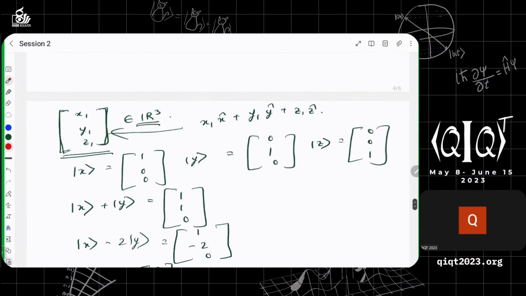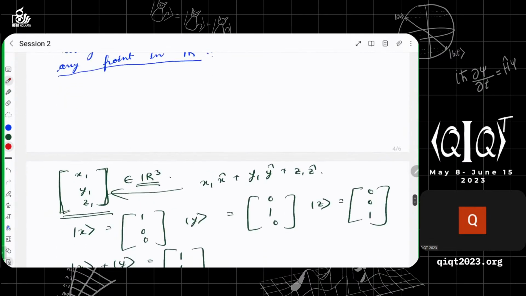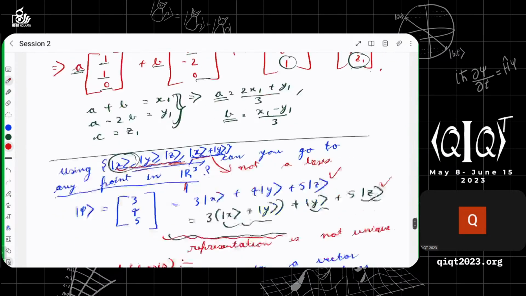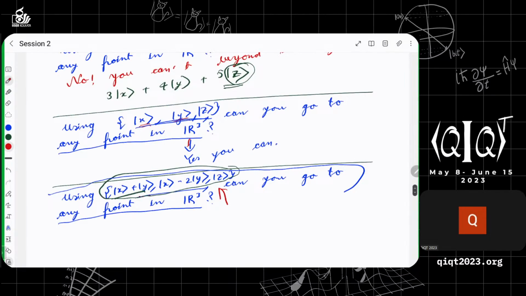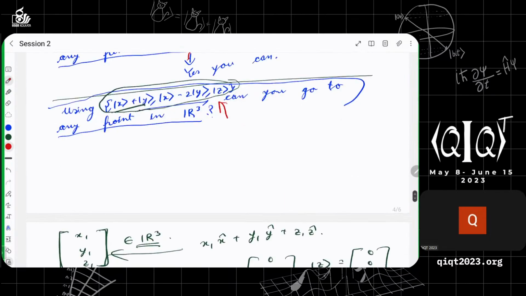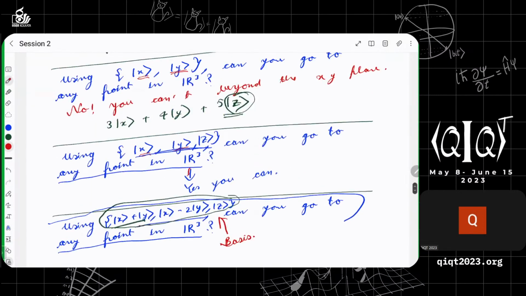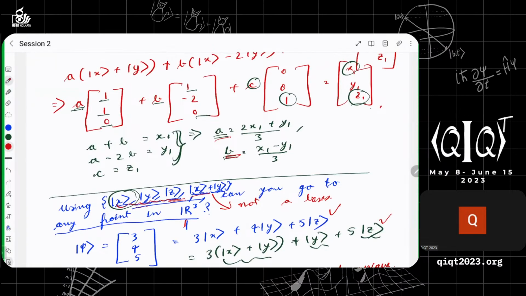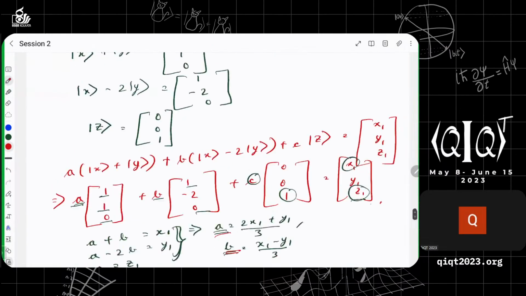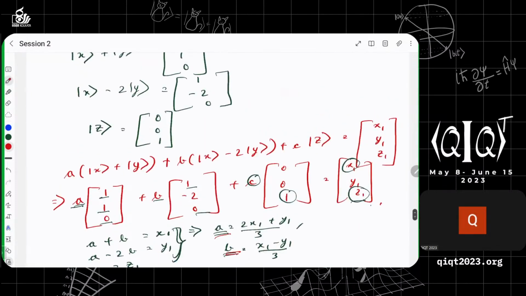And what other example did we take? Using this, we could write everything in our space. So this is a basis. And it was unique also. The representation was unique, as in A, B, C are fixed for a given x1, y1, z1. The coefficients are fixed.